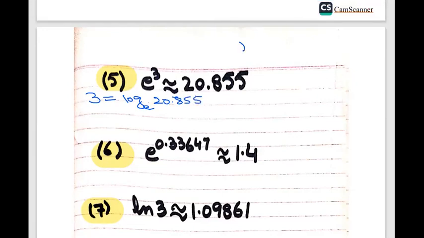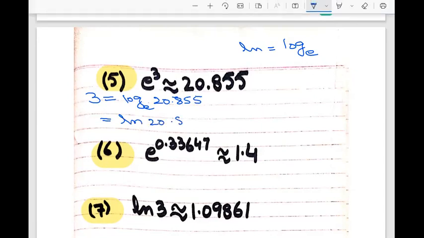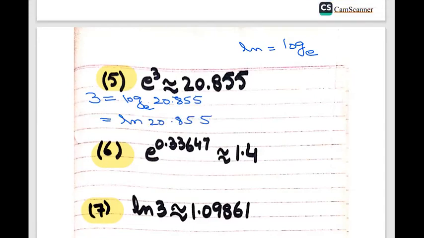And we know that ln is basically log with base e, the natural log. So we substitute log base e as ln. So this will be equal to ln 20.855. You can write approximately equal, not exactly equal. So this is the logarithmic form.